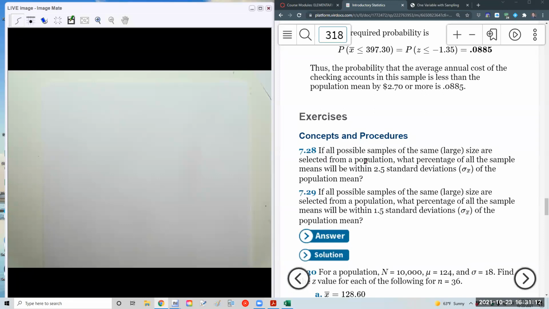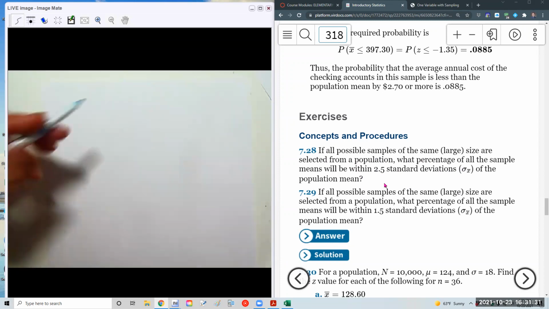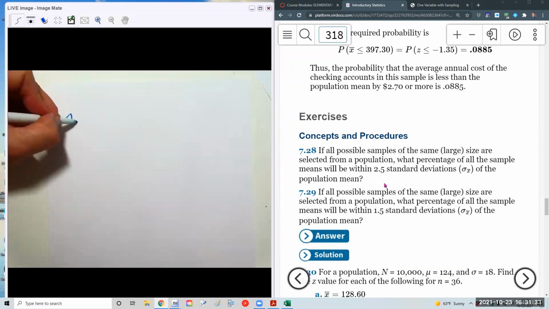If all possible samples of the same large size are selected from a population, what percentage of all the sample means will be within 2 standard deviations of the population mean? All right, let's take a look at the answer to that. Let me draw a picture.